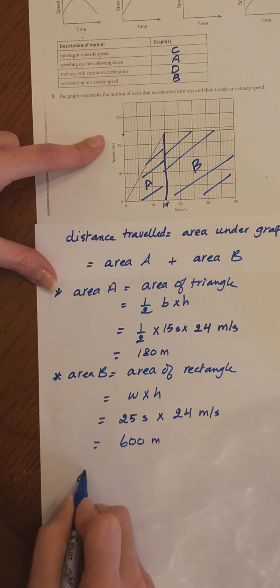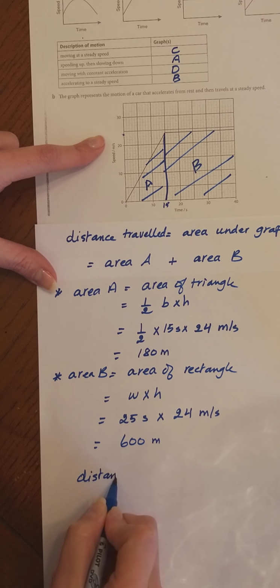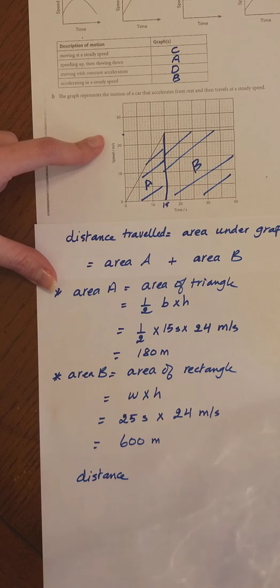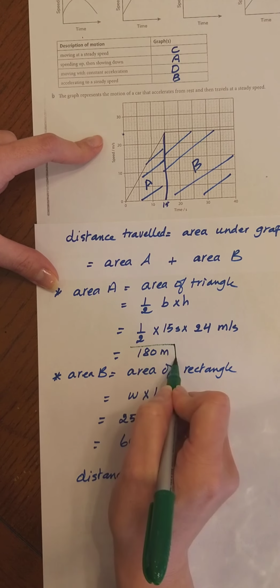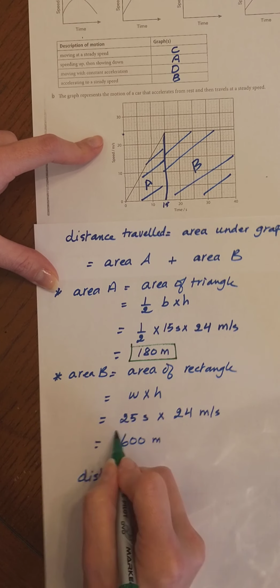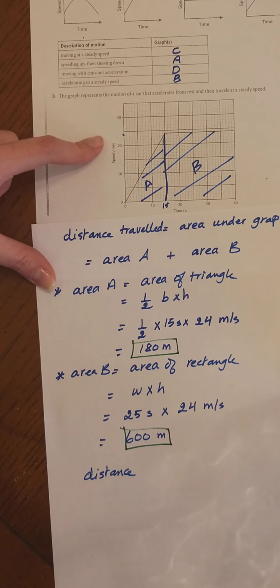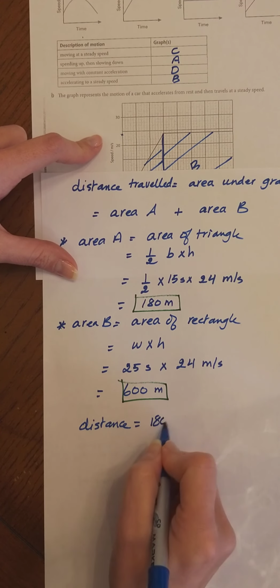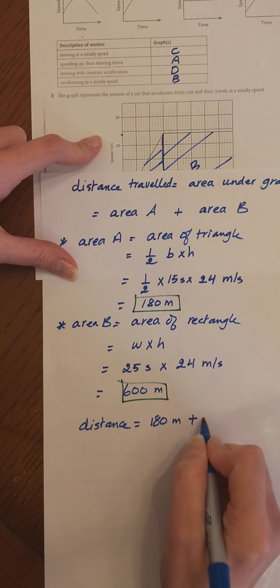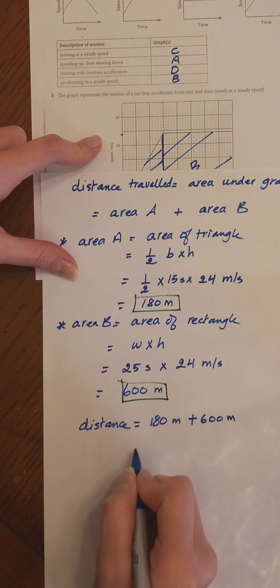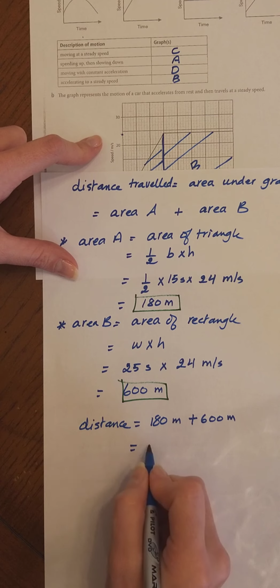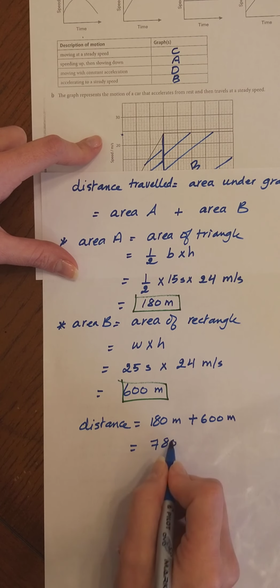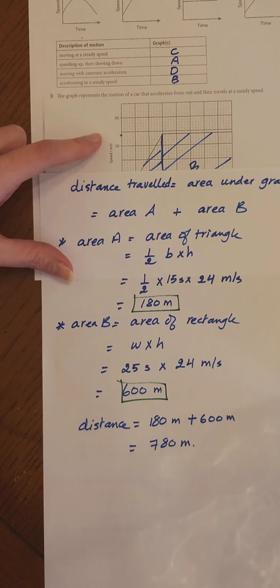Now the distance traveled equals distance traveled in area 1 and in area 2. So equals 180 meters plus 600 meters and the total distance is 780 meters.